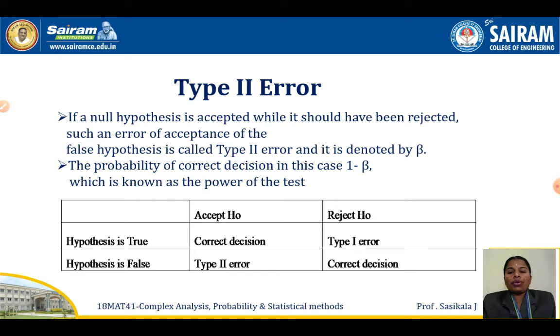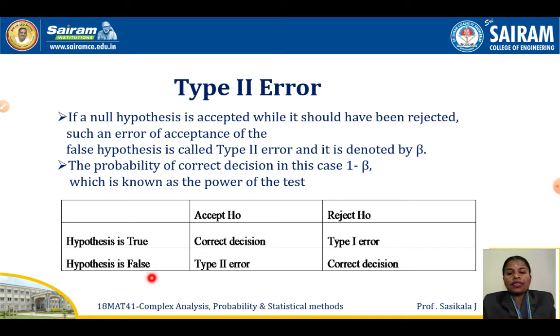So you can go with a table which explains type 1 and type 2 error. There are two cases: either we accept or we reject the null hypothesis H0. If the hypothesis is true and you accept it, the decision is correct. Suppose you reject H0, then a type 1 error occurs.